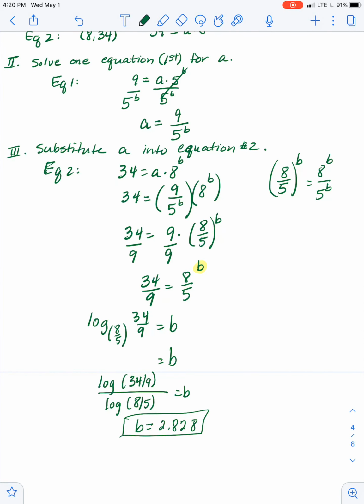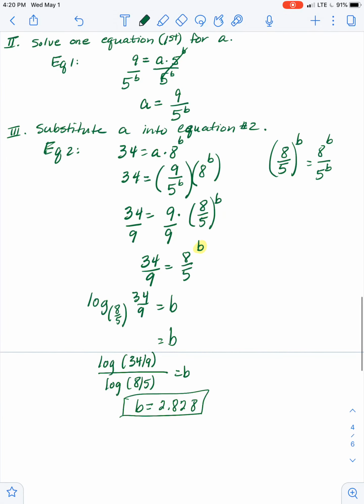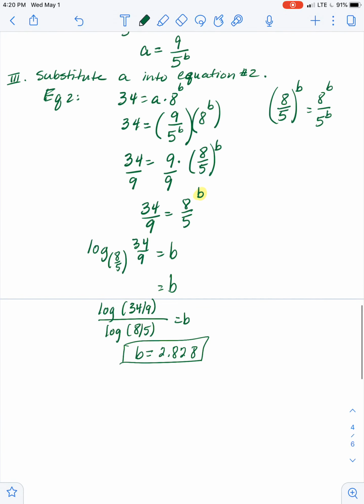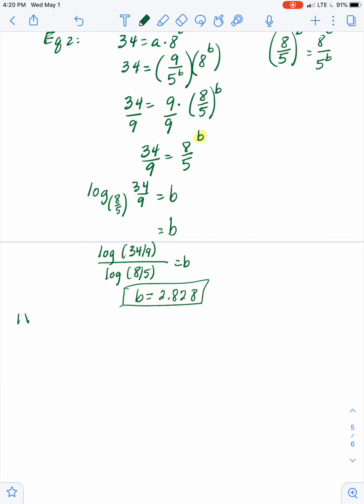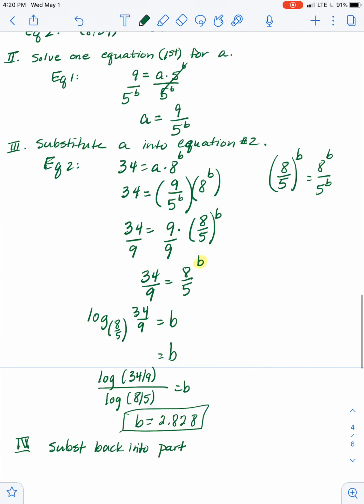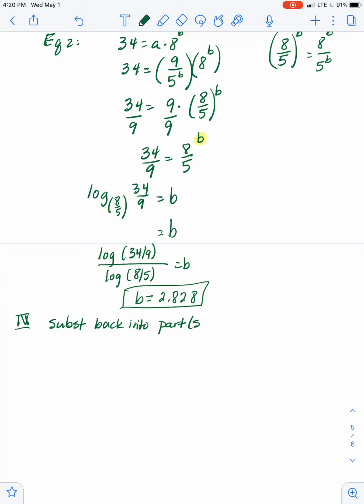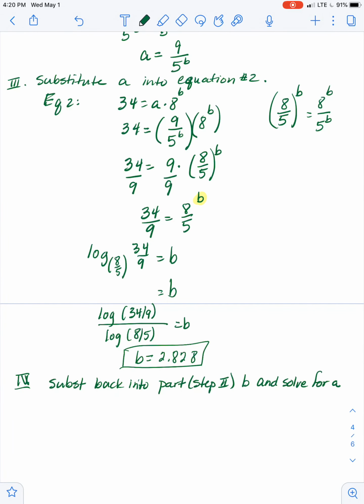Now I want to find my a value. This gets a little long. We're going to substitute b back into step number 2 and solve for a. So I'm taking that number back into here.